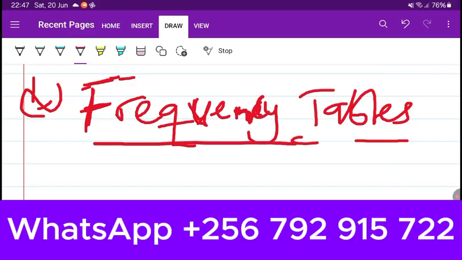Of course, this is the main table that we use.